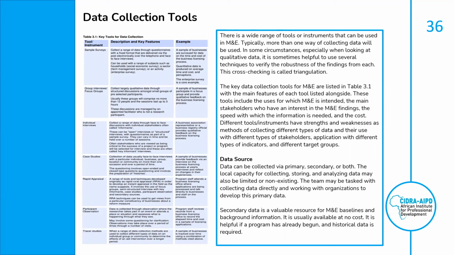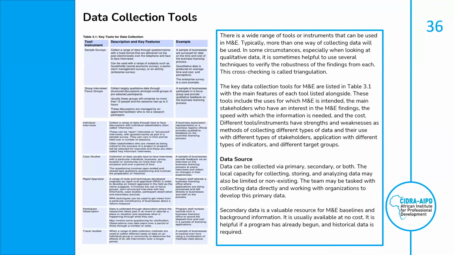The key data collection tools for M&E are listed in Table 3.1, with the main features of each tool listed alongside. These include the use for which M&E is intended, the main stakeholders who have an interest in the M&E findings, the speed with which the information is needed, and the cost.